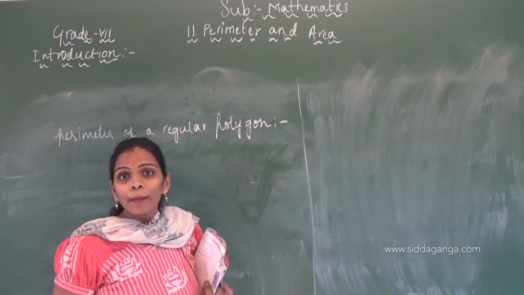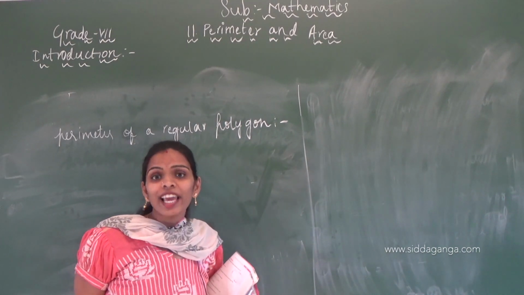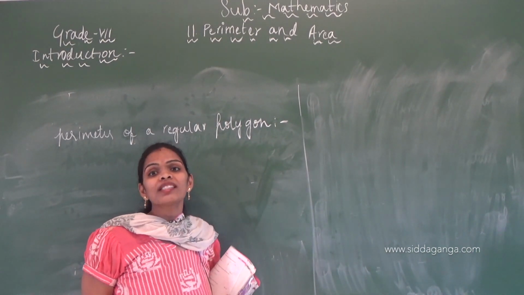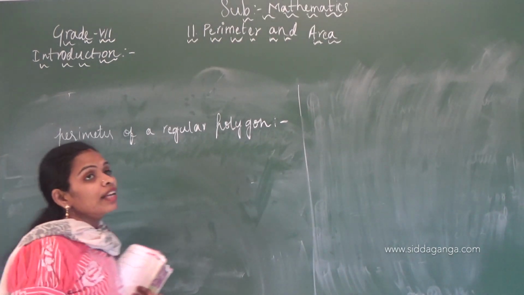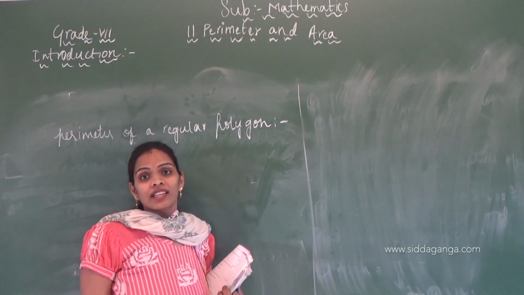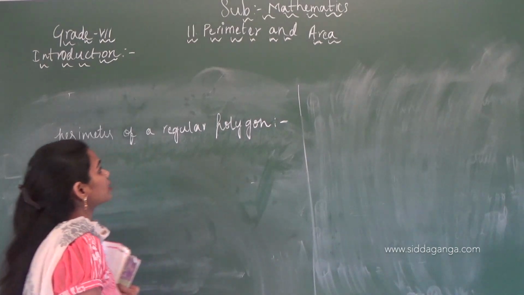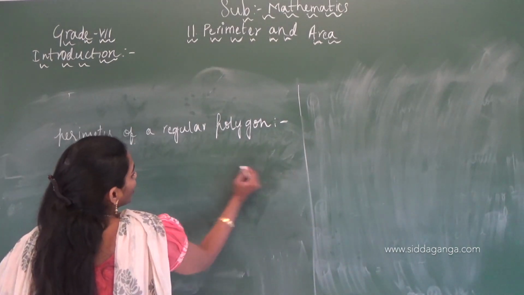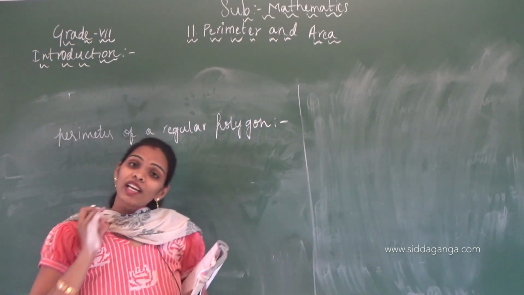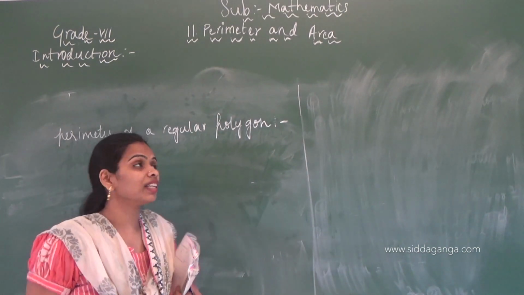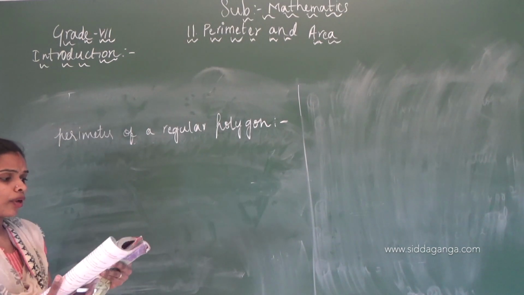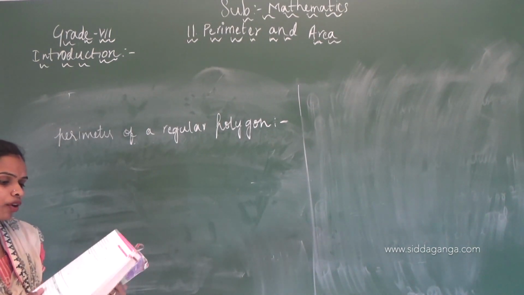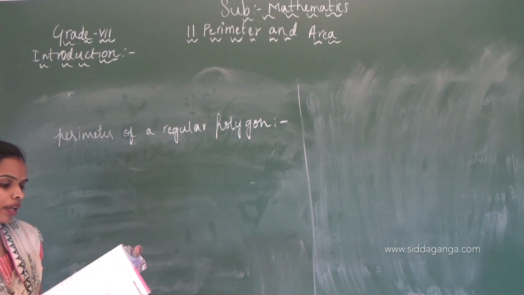A closed plane figure is known as a polygon. A polygon having equal measurements of its sides is known as a regular polygon. Okay, how to find the perimeter of a regular polygon?